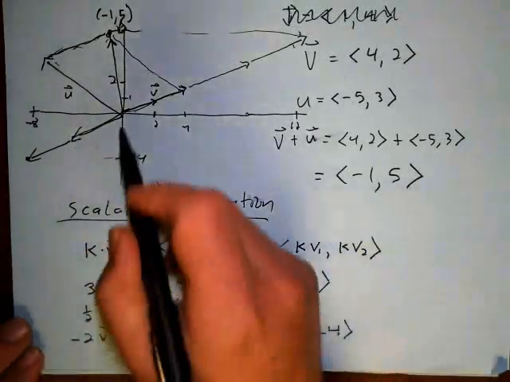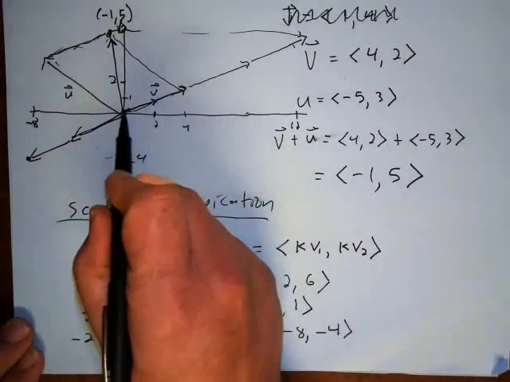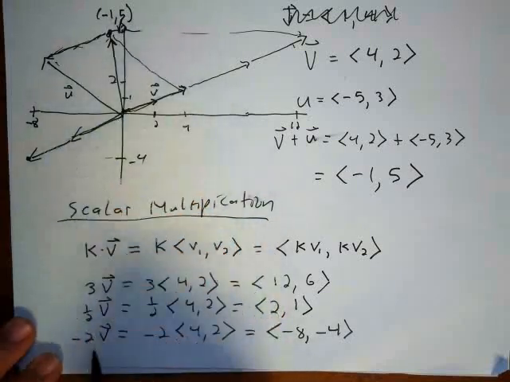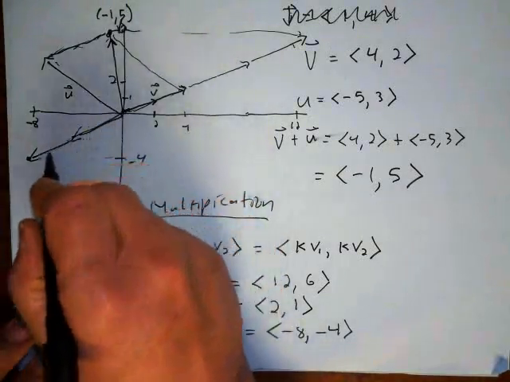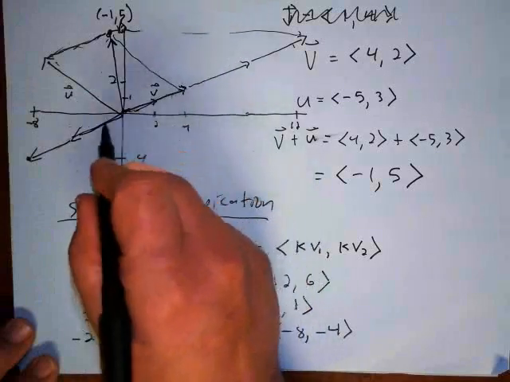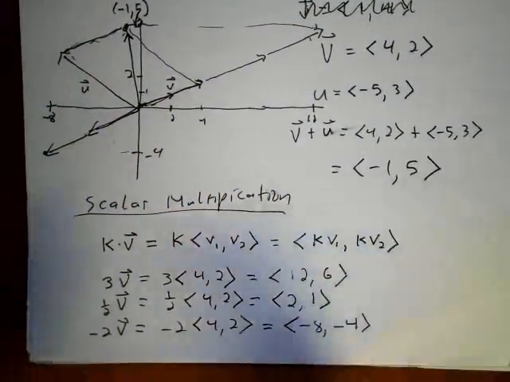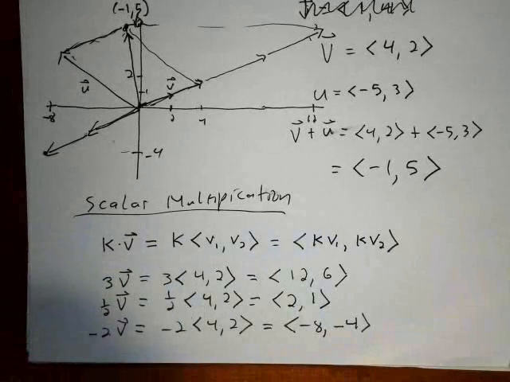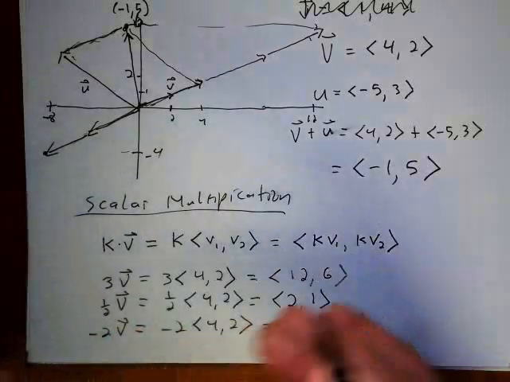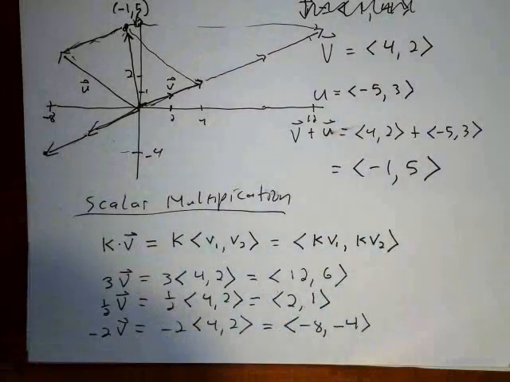Okay, so if it's a negative number, it's going to take the vector and scale it in the opposite direction. In this case, it'll scale it out 2 times the length, but it'll be 2 times the length in the opposite direction. So that's scalar multiplication. And so scalar multiplication allows you to take a vector and scale it to whatever length you would like the vector to be. So this is really nice.